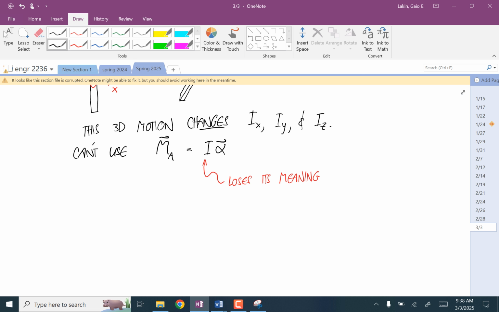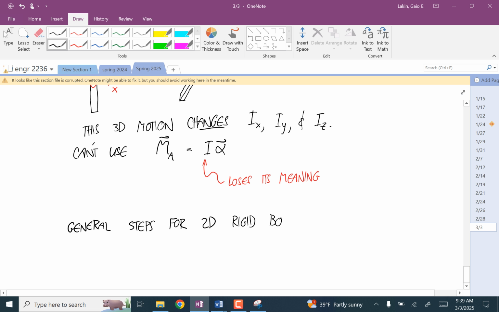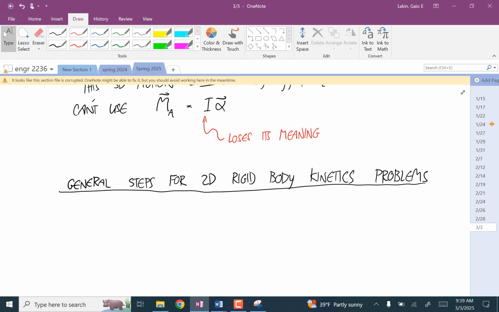Okay, so let me give you a set of general steps for doing 2D rigid body kinetics problems. First, ask yourself, does the body have a fixed point?